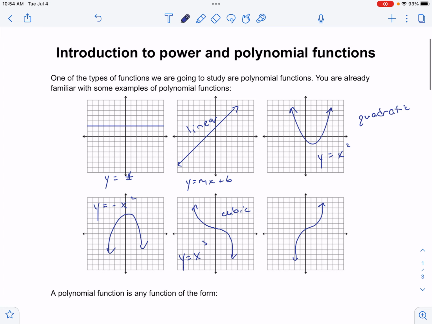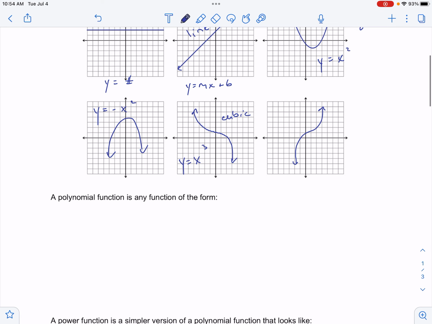A polynomial function takes this form where we are going to write out our f of x is a n x to the power of n plus a n minus 1 x to the power of n minus 1, and this keeps going until eventually we land at a1 x1 plus a0.